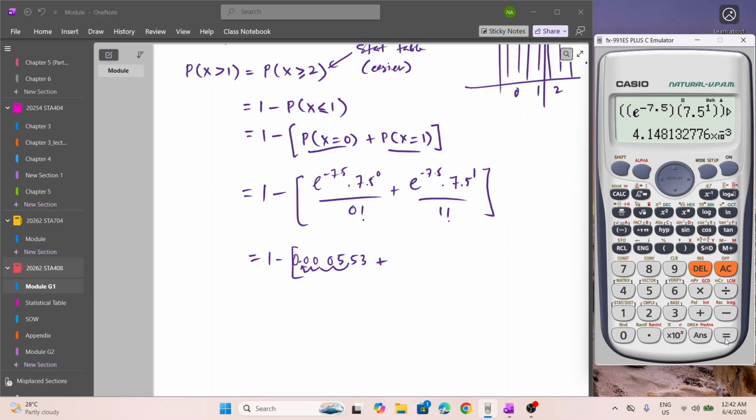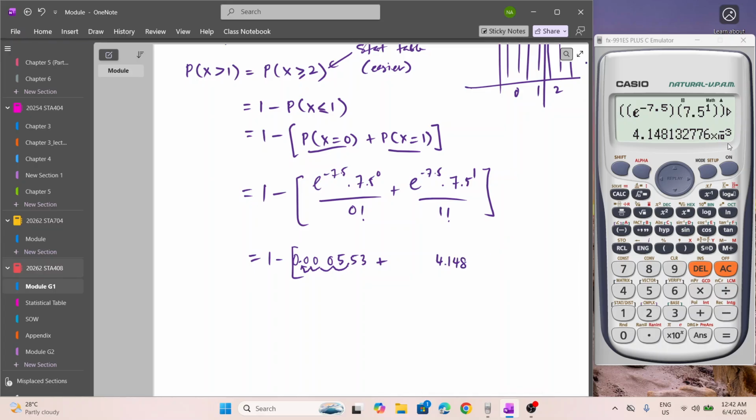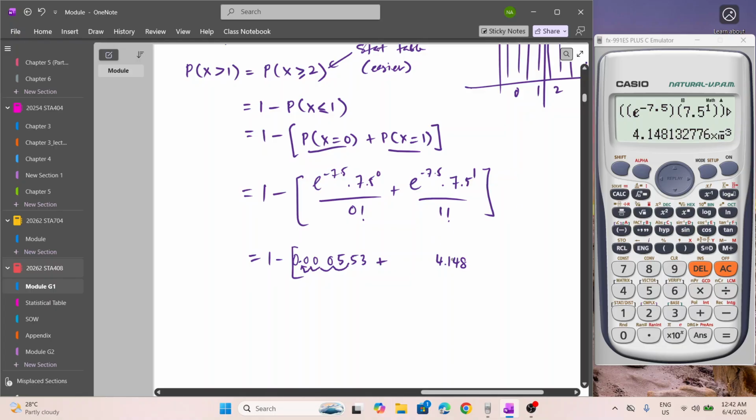And for the second one is again 4.148. Then we notice that times 10 to the power of negative 3 means that you have to move the point 3 times to the front, 0.004148.